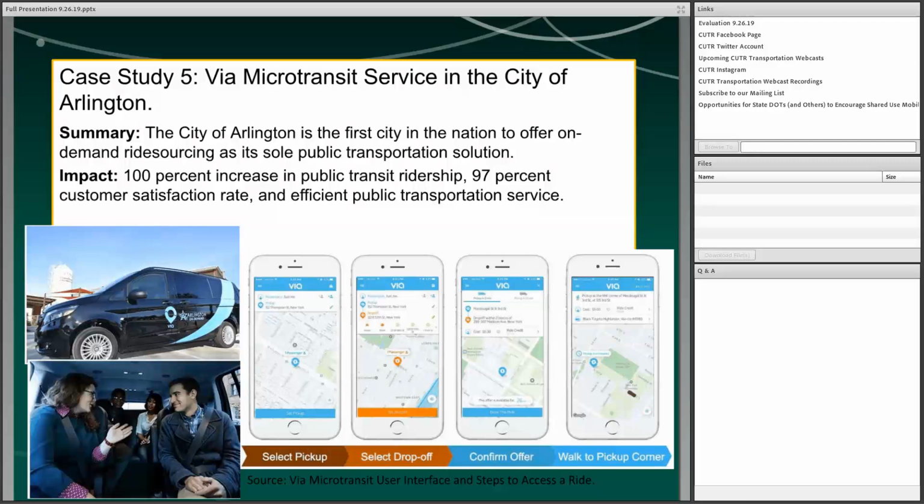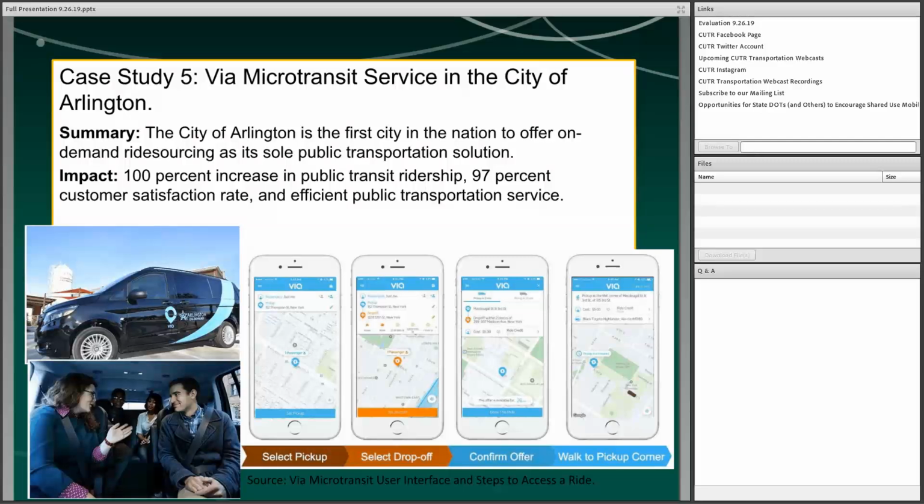However, Via service provider operates dynamic on-demand style of trips and were successful in large communities. And they also have a microtransit in Arlington, Texas, a fairly small community with population under 400,000. And this community was included as a case study to understand its operations and potential to fill mobility gaps in small communities with microtransit services.